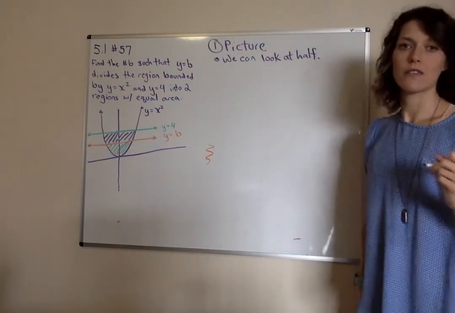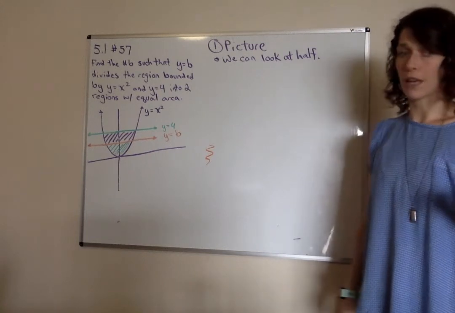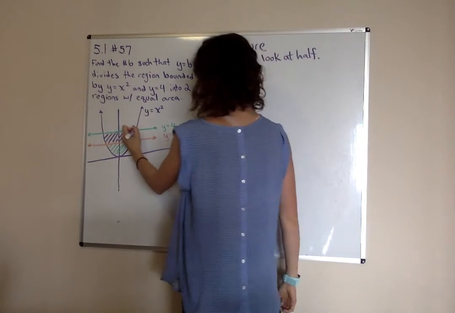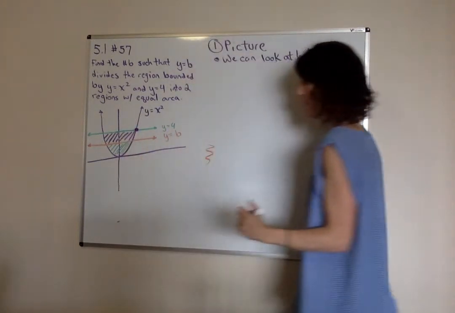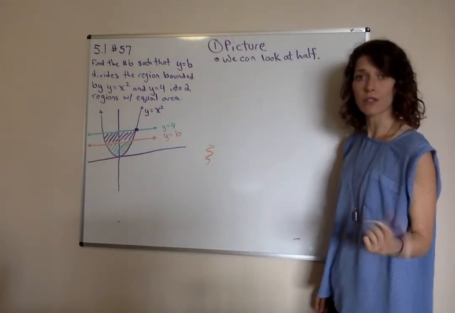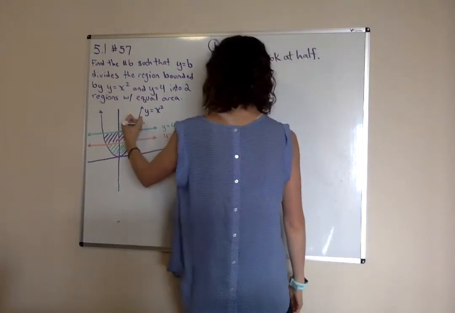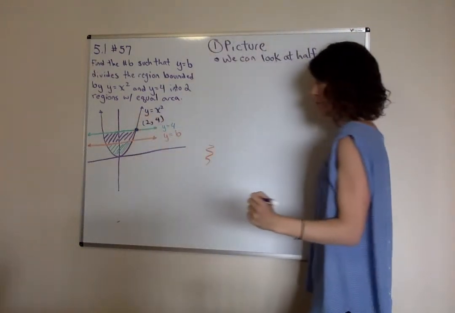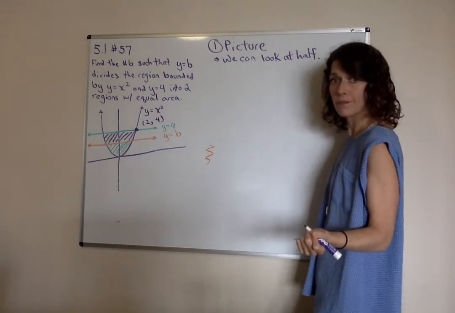Another thing that you want to do is label some important points. So any intersection point is pretty important. So this point here is where the graph y equals x squared intersects y equals 4. That happens at the point (2, 4), because 2 squared is 4, right?